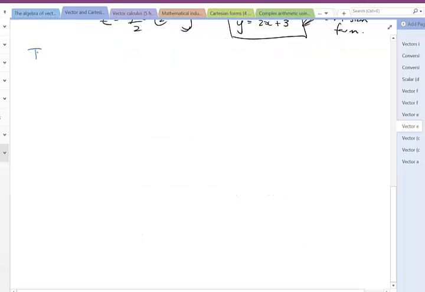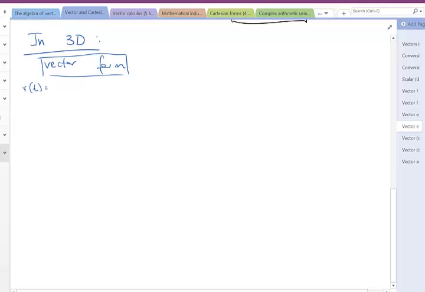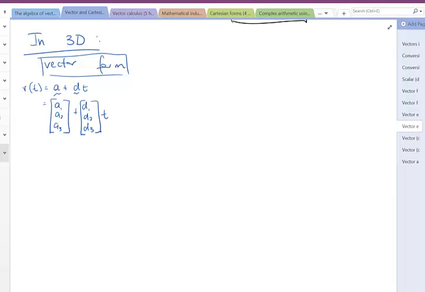In 3 dimensions, our vector equation is going to be r(t) is equal to, just like in 2D, the initial position plus the direction multiplied by the parameter t, which means we're looking at 3 components now, a1, a2, and a3, the i, j, and k components, and d1, d2, and d3, the i, j, and k components in the direction vector.